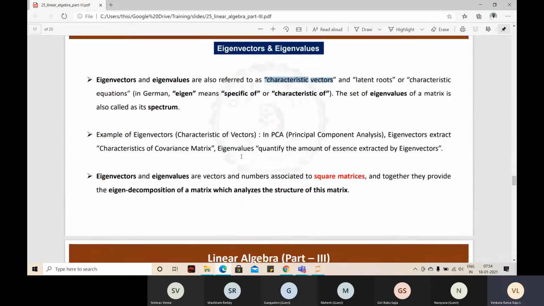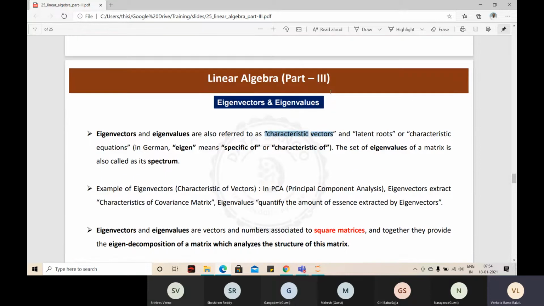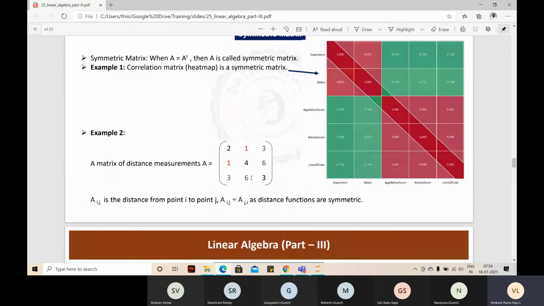When you calculate eigenvalues and eigenvectors, you get characteristic vectors or characteristic values. What are characteristic values? What are characteristic vectors? We'll see in a moment. But basically, the matrix you are trying to calculate eigenvectors for should have some meaning.